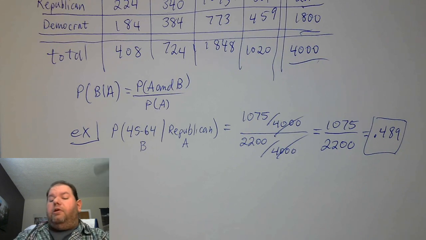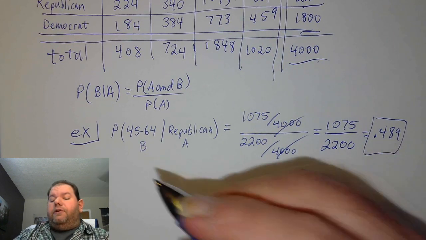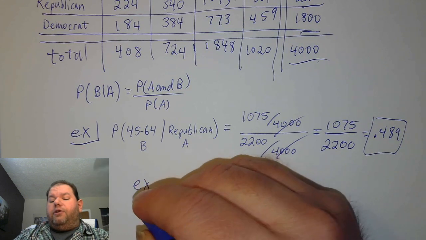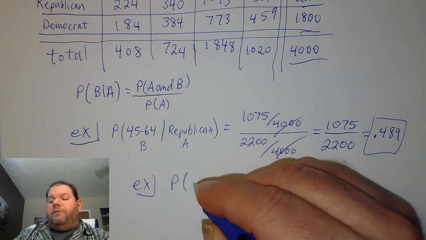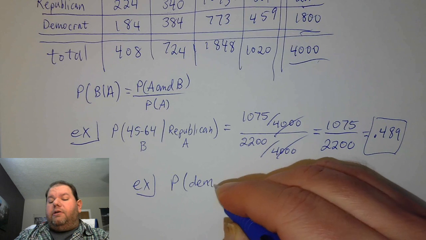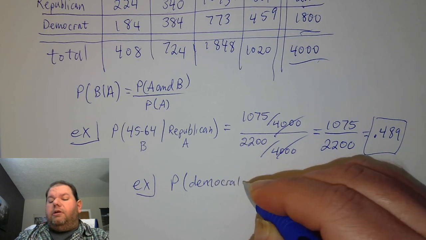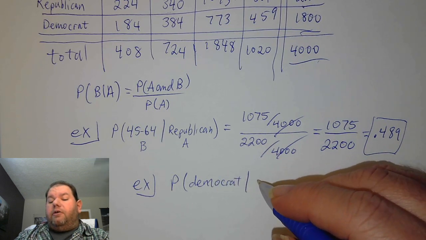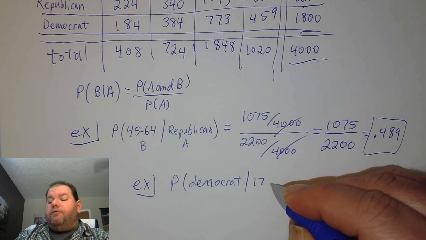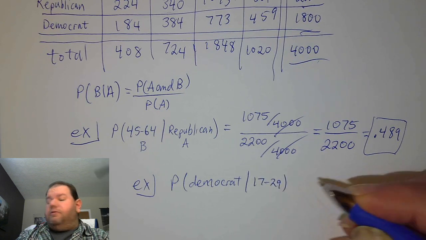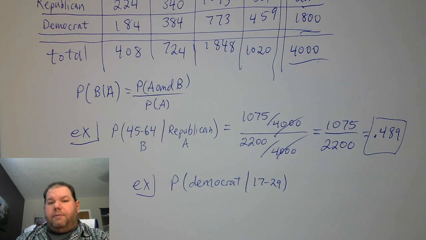Okay. Another question we could ask, and let's switch it around. Find the probability that a person is a Democrat given that they are 17 through 29 years old. Part of it is understanding how the language here works.